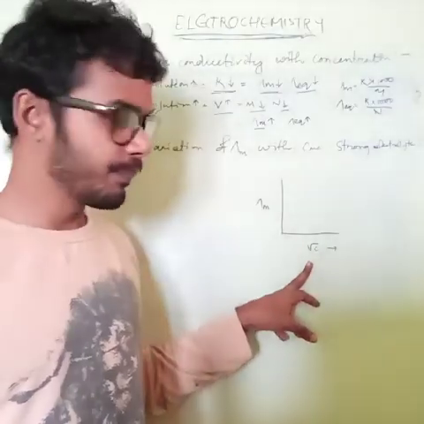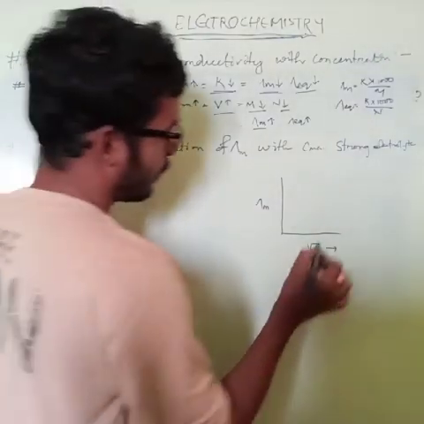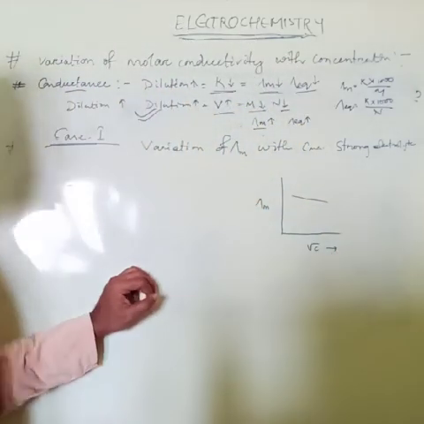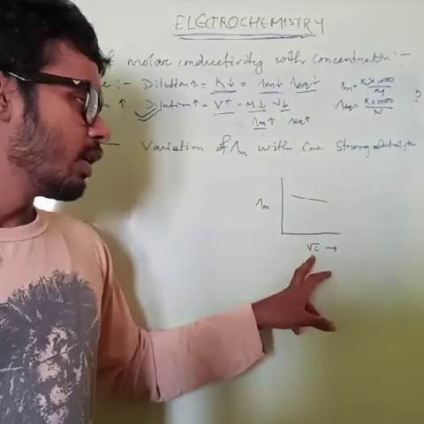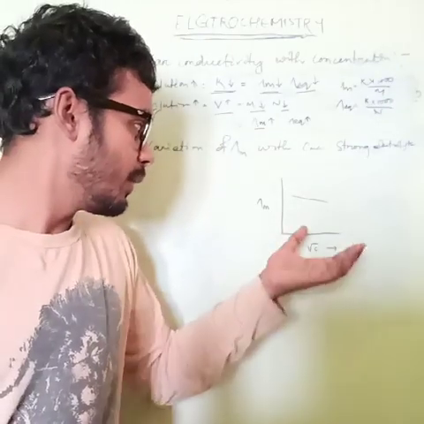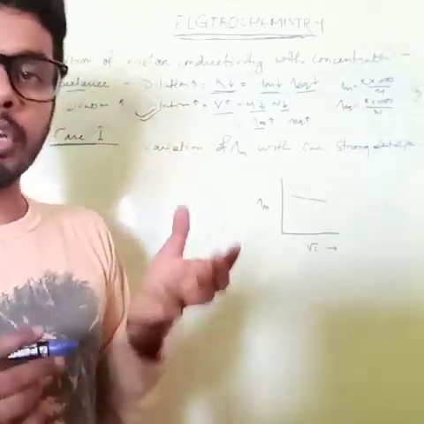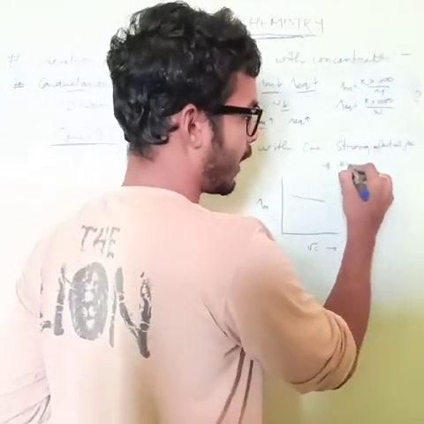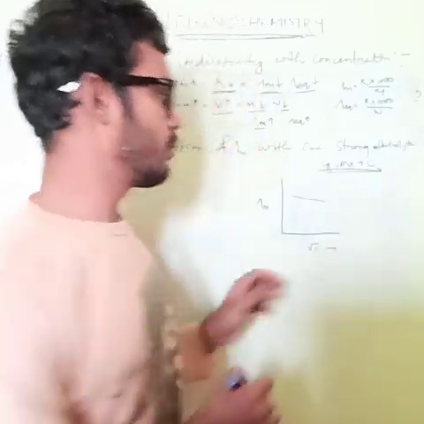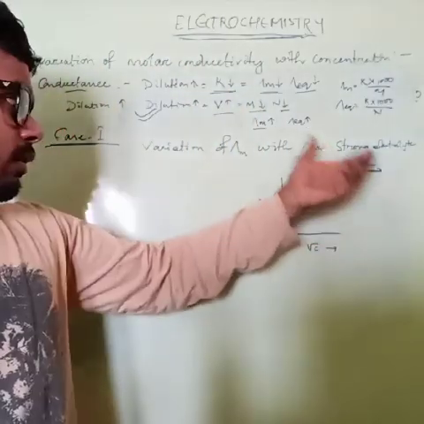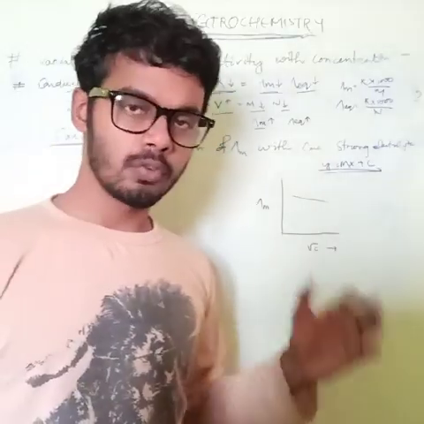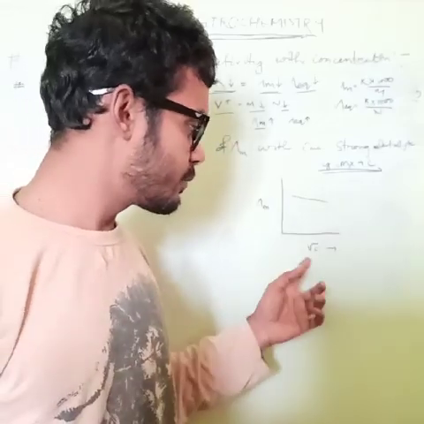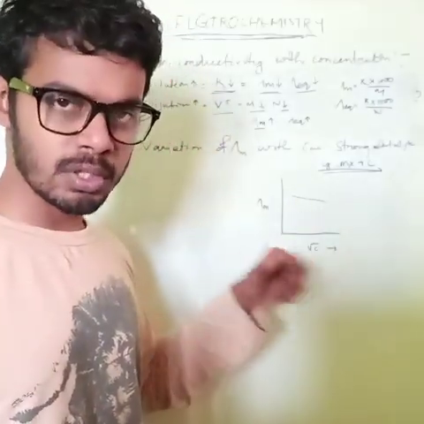When he plotted it, he got a straight line in root C, because we believe that we need a straight line, then only you can easily calculate, because of y equals mx plus c. We need to formulate this figure so that we can easily calculate what exactly the slope is and what the concentration is. So they have calculated the concentration terms in root C, and in root C it comes out as a straight line.